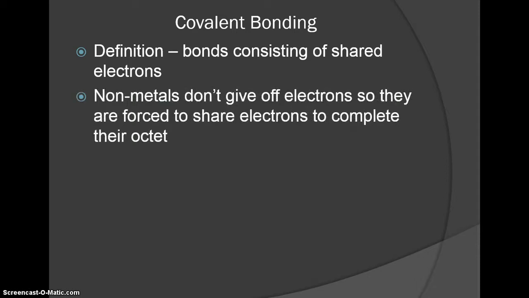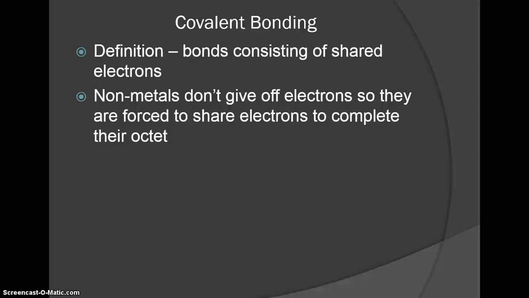So the nonmetals don't give off electrons, so as a result they're forced to share electrons in order to complete their octet. Now, completing the octet is a key thing here, because as we dive into this, everything we're doing is to complete that octet, to get to 8 valence electrons. So if I start with 7, I know I'm going to need one more to complete that octet.